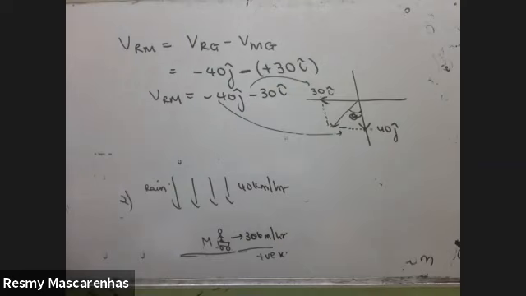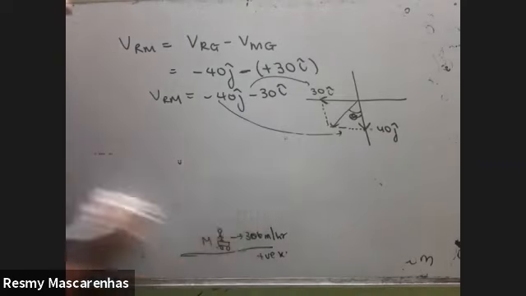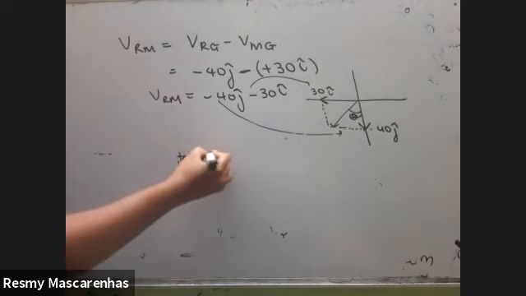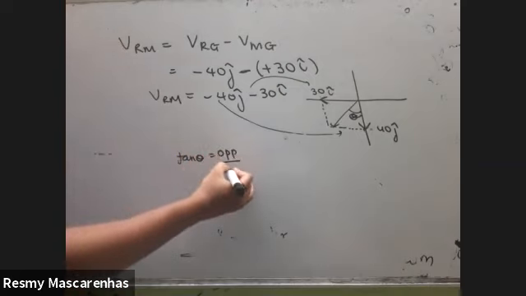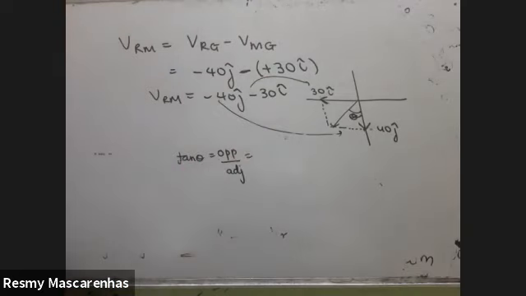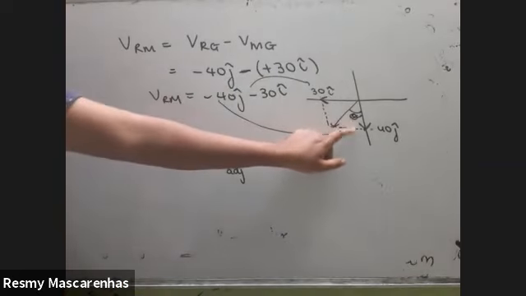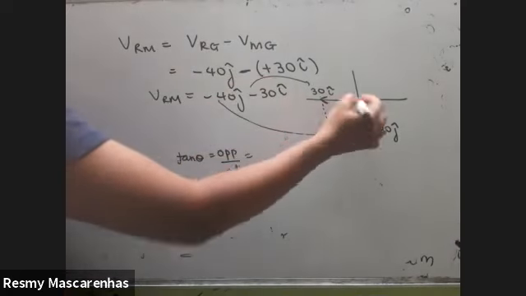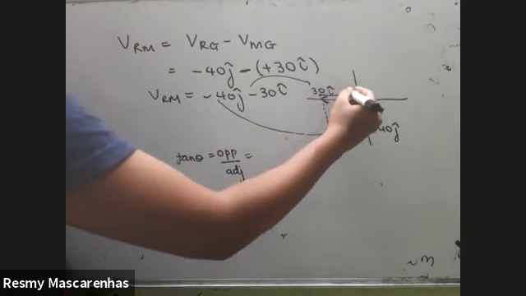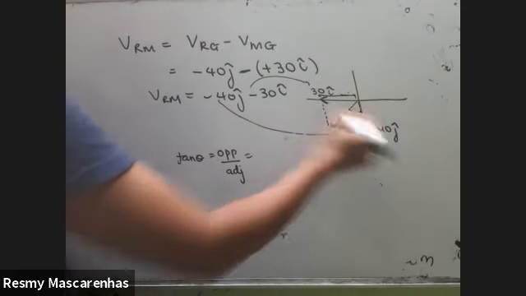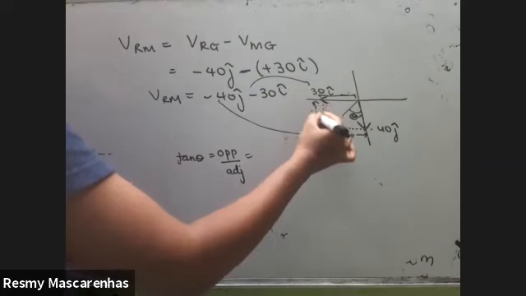In order to calculate the angle, we'll use the tan theta formula. Tan theta is opposite upon adjacent. So which is the side opposite to this? This one. If this much is 30, obviously this side will also be 30, and if this is 40, then this will also be 40.